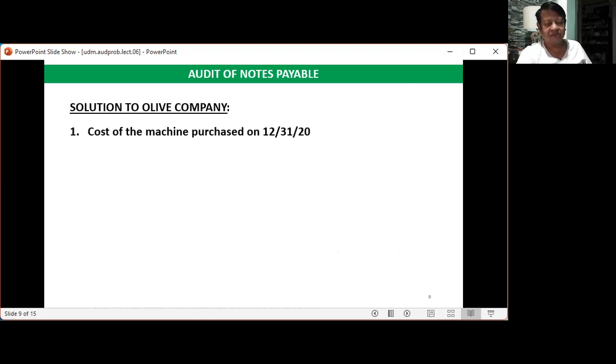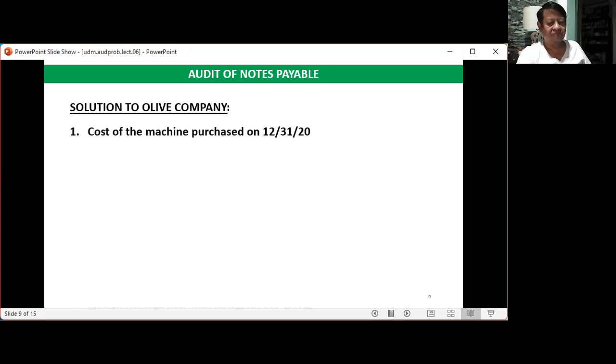Under question number 1, we will compute for the cost of the machine purchased on December 31, 2020, because it is not given in the problem. What has been given is the down payment of 80,000 and the yearly installment of 60,000 for 4 years. So in this case, the present value factor must be more than 1.